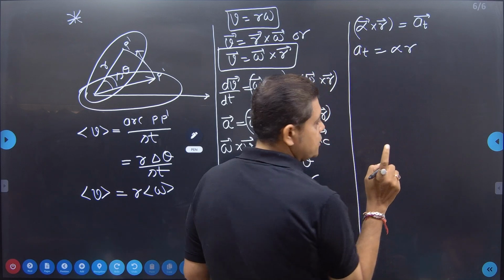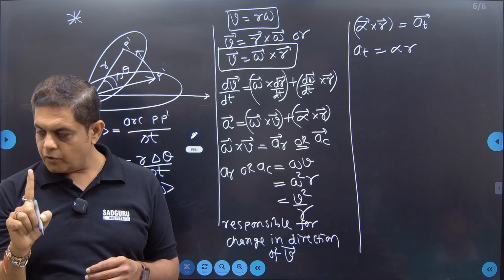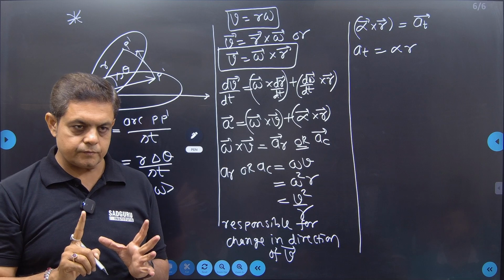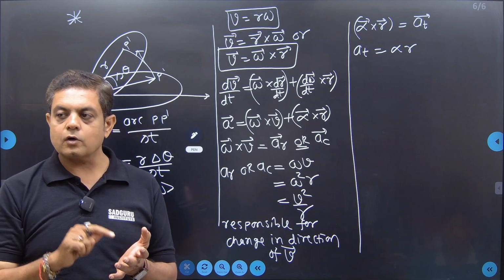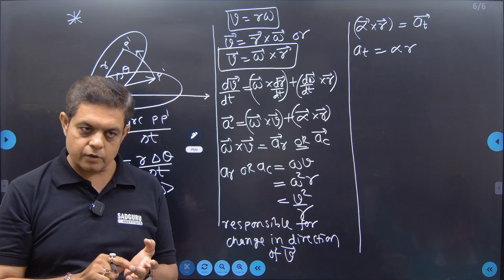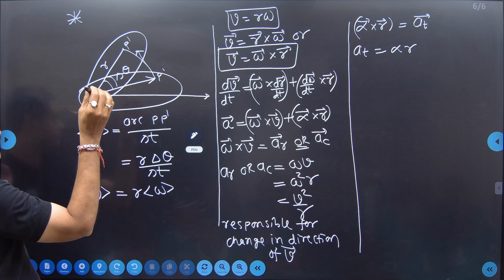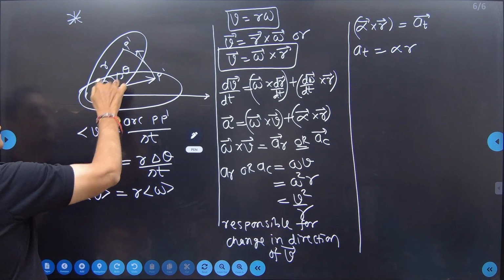Now listen, if your axis of rotation is rigid, is fixed, in that case alpha is also along the axis of rotation, so it is perpendicular to the plane, and r is in the plane.